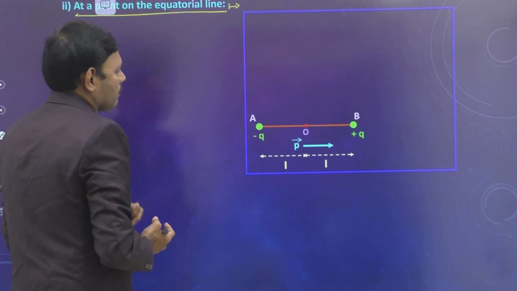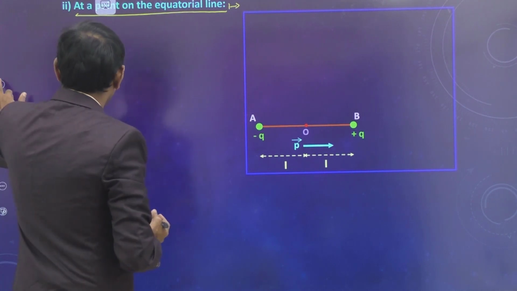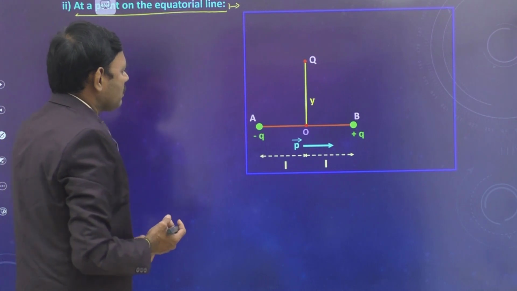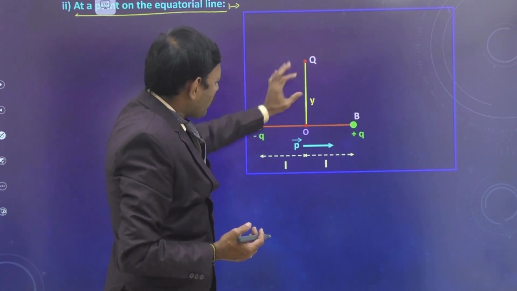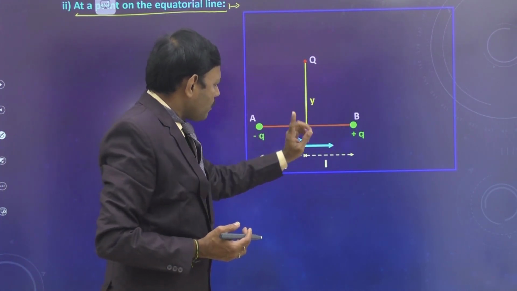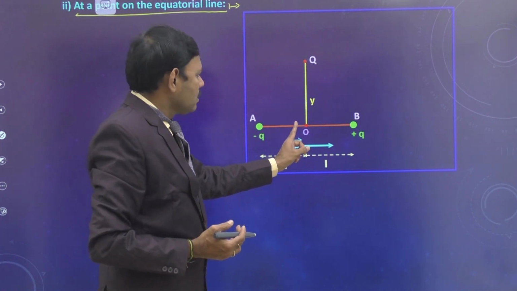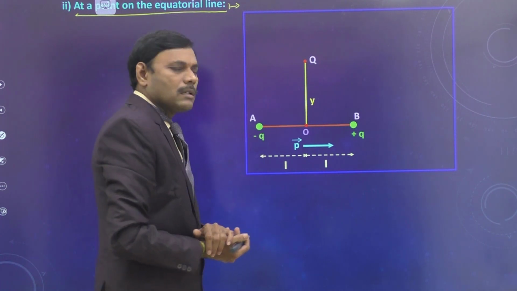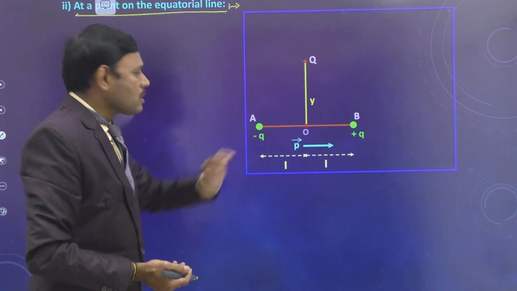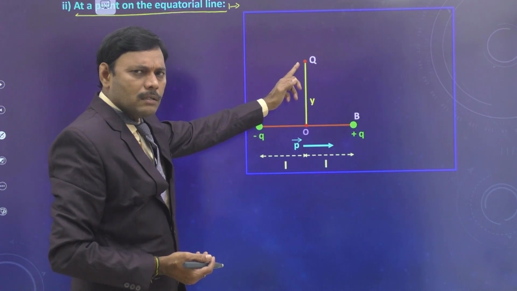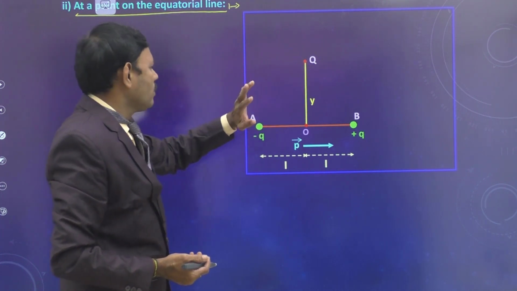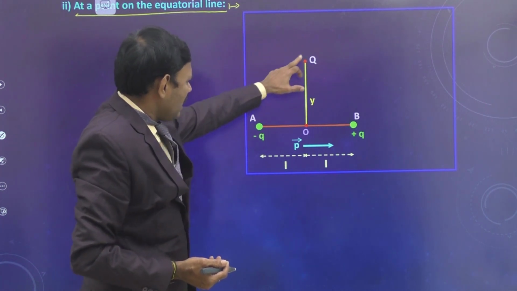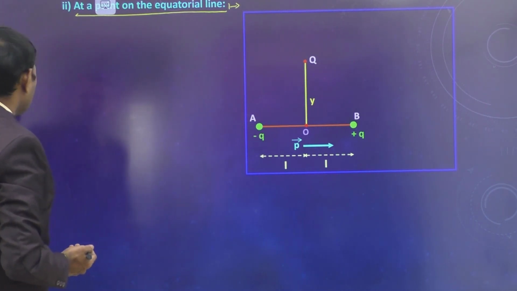As usual, 2L is the length of the dipole. Now let us have an equatorial line, which is any line perpendicular to the dipole length and passing through the center. Let Q be one arbitrary point on the equatorial line of the dipole. We would like to know the expression for the electric field at this point.